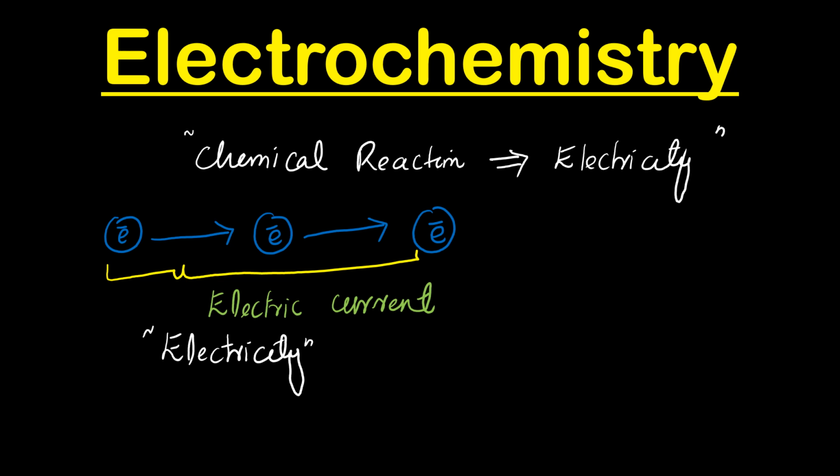Basically, there are two types of chemical reactions: oxidation and reduction reactions.